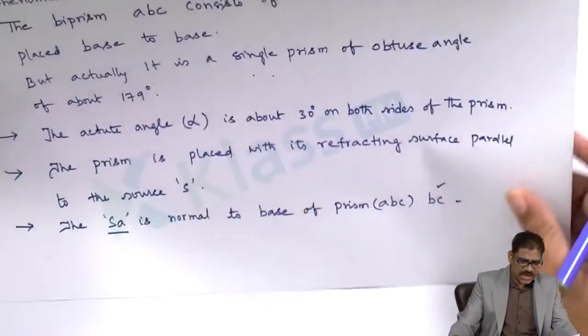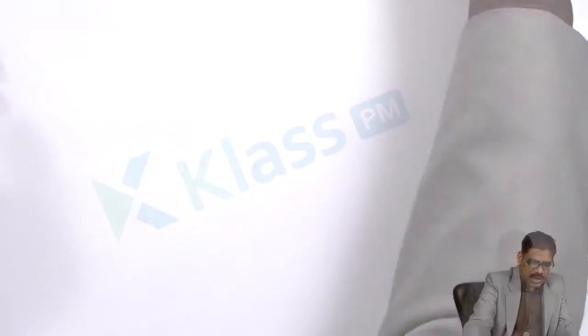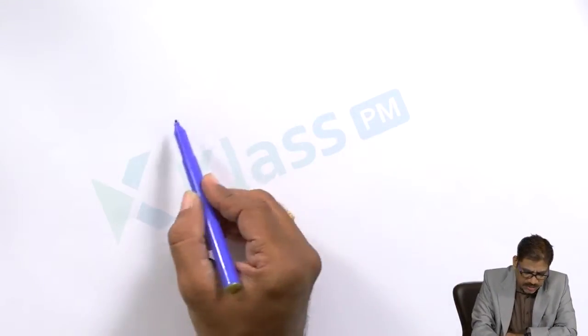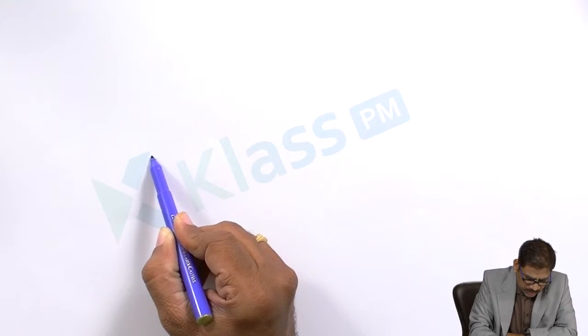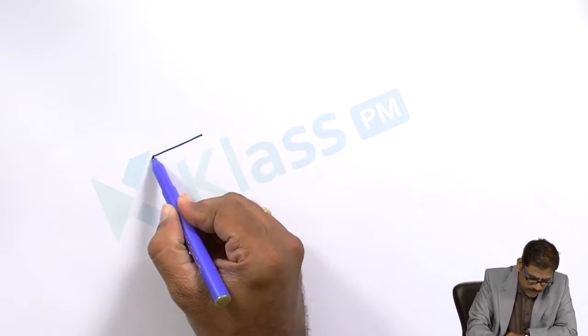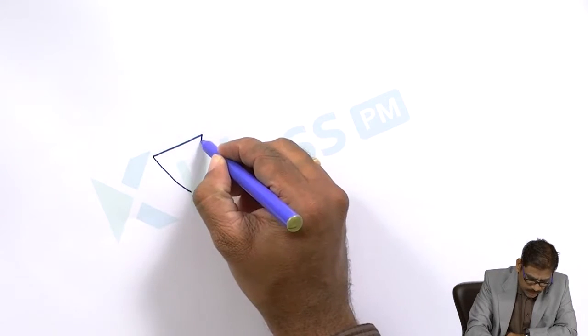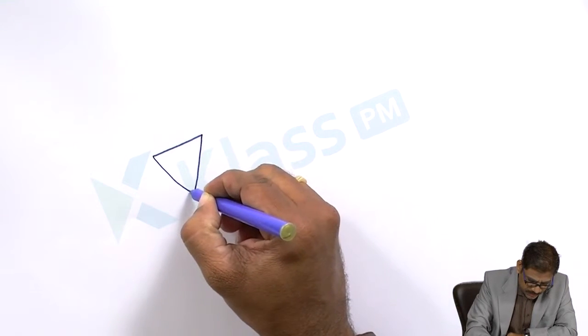Now let us construct that particular figure over here. We are talking about Fresnel's biprism. Here we have the prism. This is prism ABC.